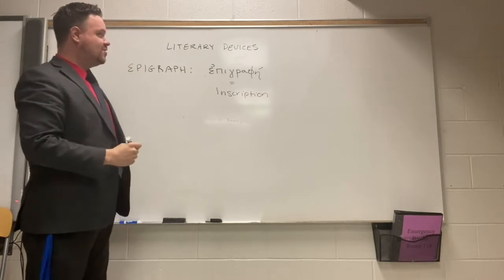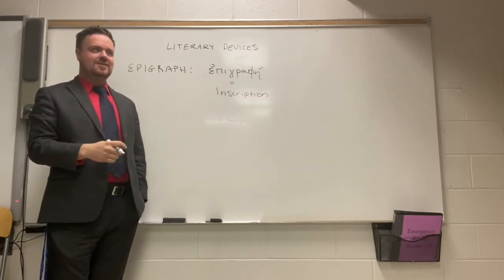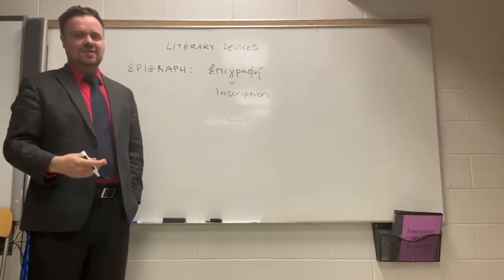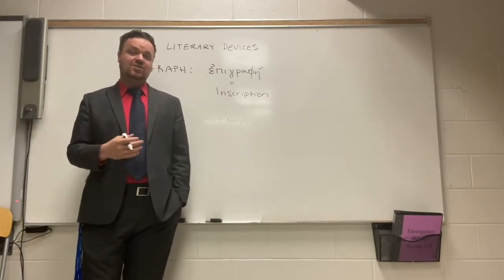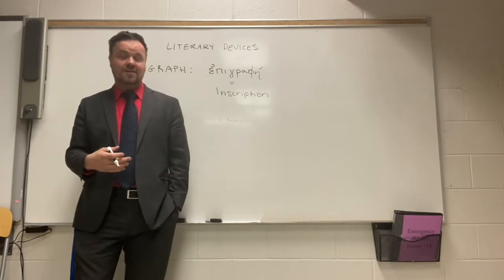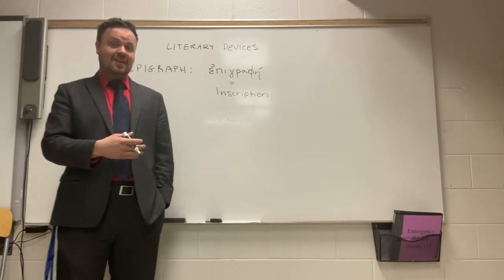Okay? So an inscription is usually something that is used even in statues or anything like that to tell you what you're looking at, and gives you the theme of essentially what the artist or what the author is trying to project. So where do you find epigraphs?